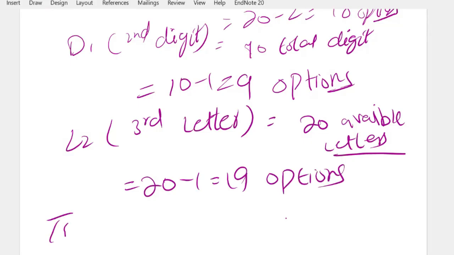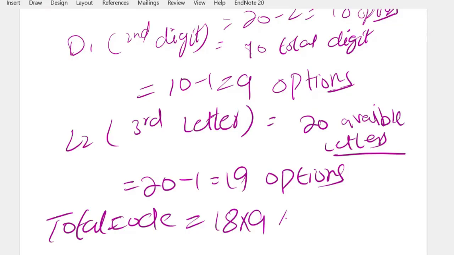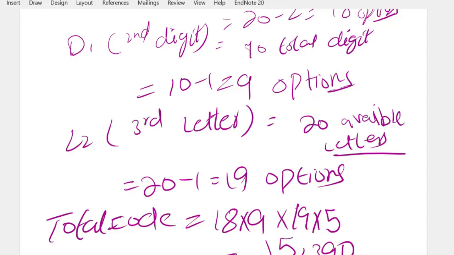So the total code count is 18 multiplied by 9 multiplied by 19 multiplied by 5, and we got 15,390. Okay, so this is the required answer for this question.